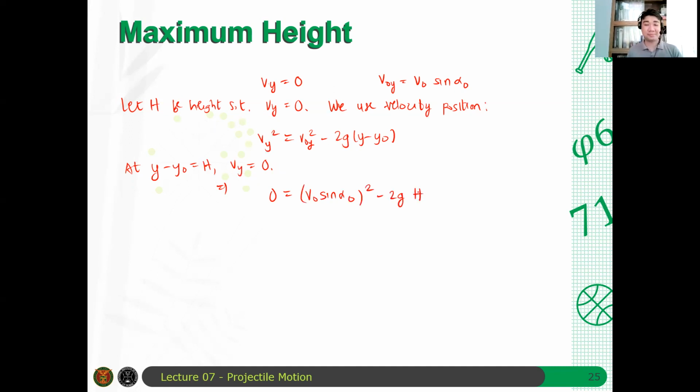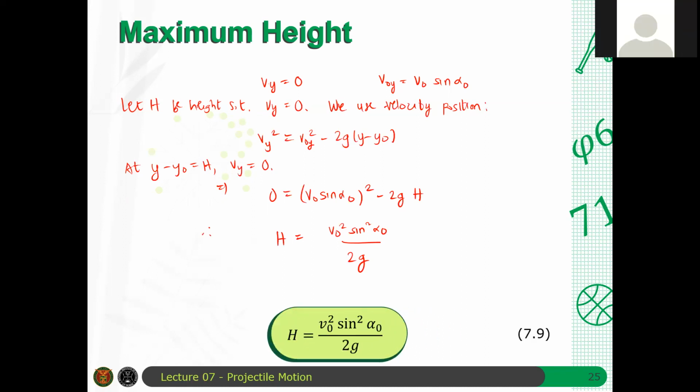Tama? And therefore, h is just equal to V naught squared sine squared alpha naught over 2g. Tama? Thus, we obtained our maximum height equation. This is equation 7.9. Tama? Nakuha? Opo. Okay, nakuha.